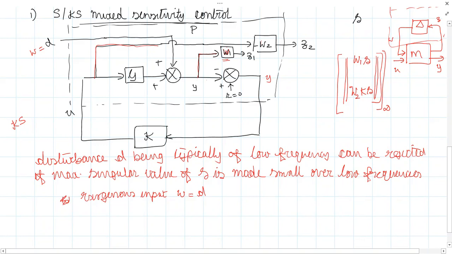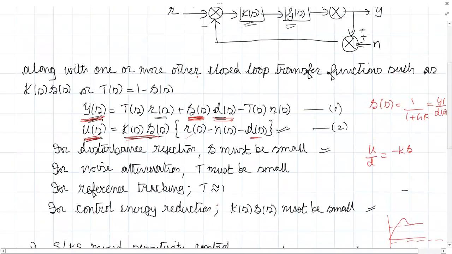What is this? This is output Y. And what is this? This is the control effort. So what is our aim? Our aim is to minimize the infinity norm corresponding to the sensitivity as well as the control effort. That is why we are drawing channels from these two points. Am I clear?